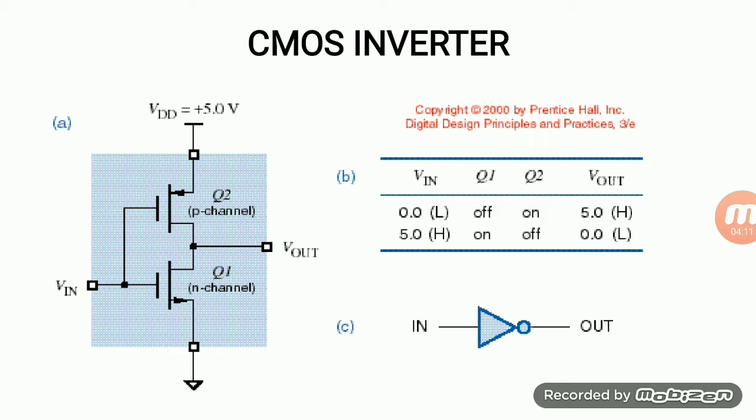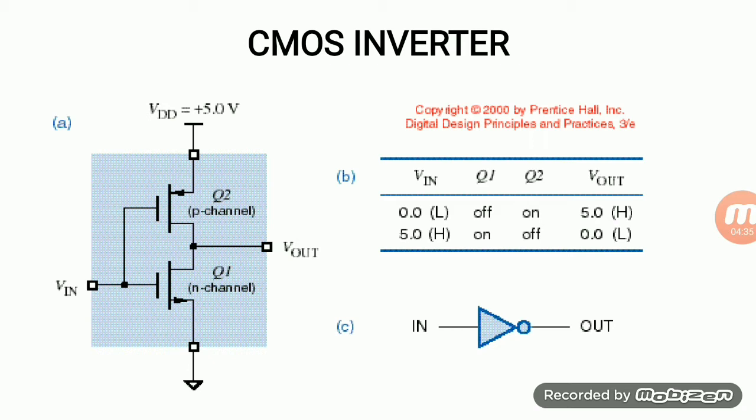The inverter has only one input, so we use one p-type transistor and one n-type transistor. If a gate has two inputs, we use two p-type transistors and two n-type transistors. For a three-input gate, three p-type transistors and three n-type transistors. Here there is only one input and one output.